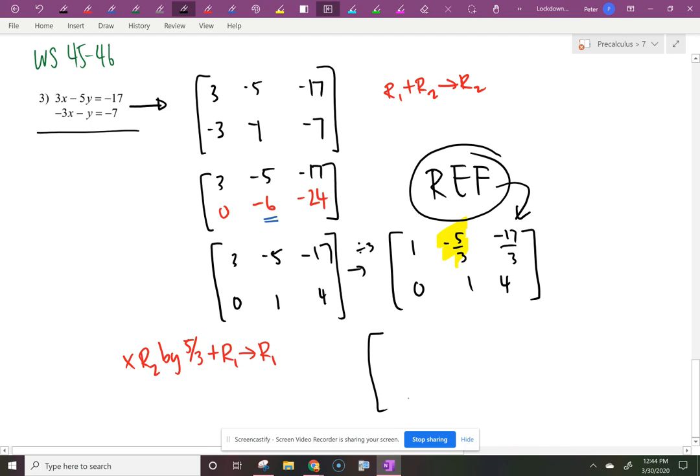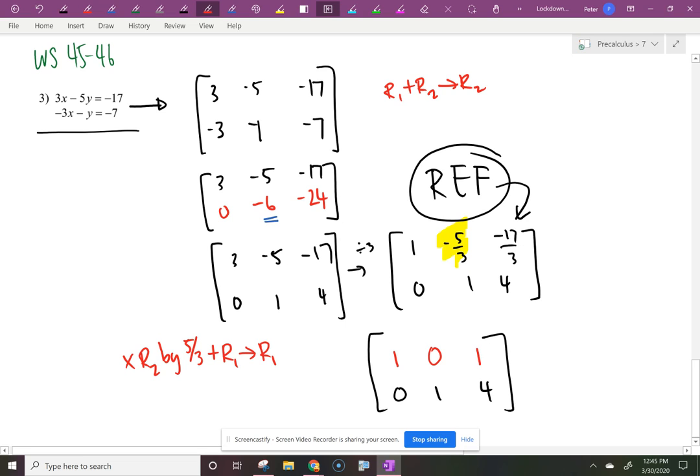So here you go. This row would not change now because it's the multiplier, but the other row would. 0 times 5/3 would be 0 plus 1 is 1. 1 times 5/3 is 5/3 minus 5/3 is 0. And here's the gross one. 4 times 5/3 is 20/3 minus 17/3 is 3/3 or 1.